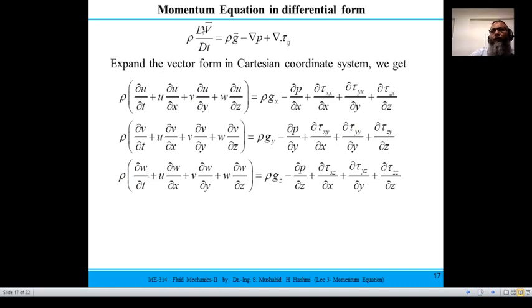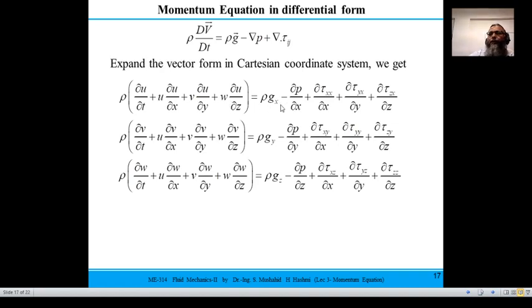So actually this is not a single equation, but a combination of three different equations: x momentum, y momentum, and z momentum. This term is the local variation of the x component of the velocity, and this is the convective part.